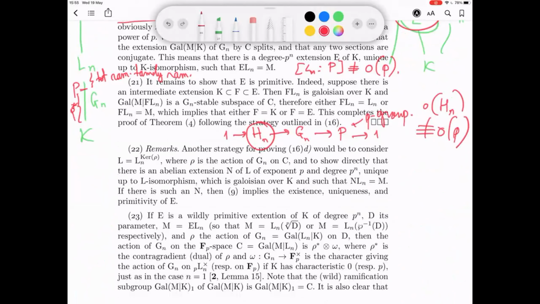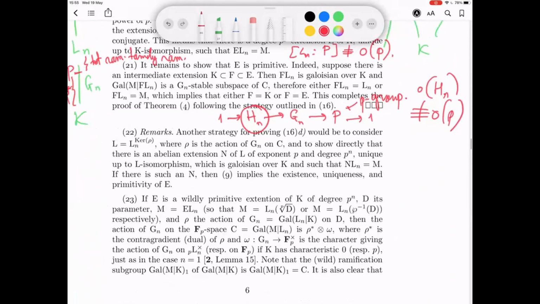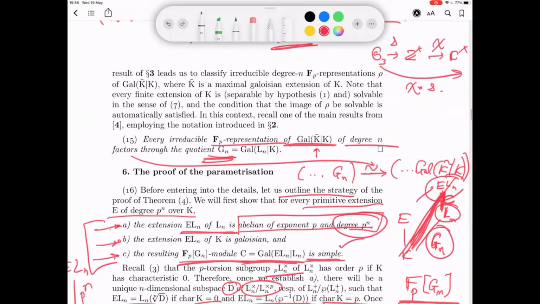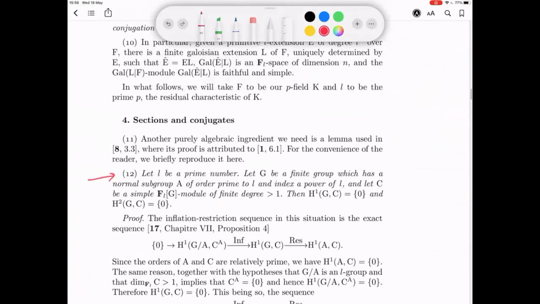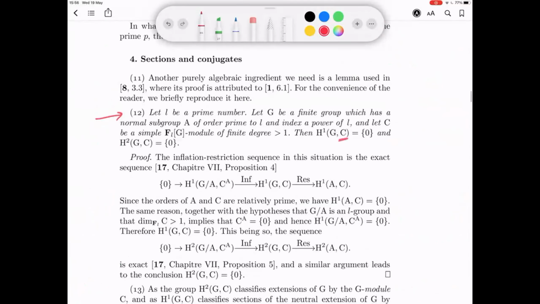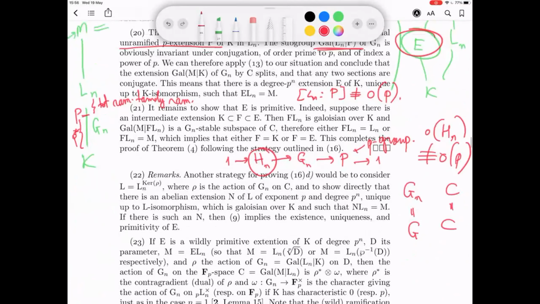So what is the conclusion going to be here? I'm applying the lemma to G_n. What is called G there is this G_n, and what is called C there is called C here as well.